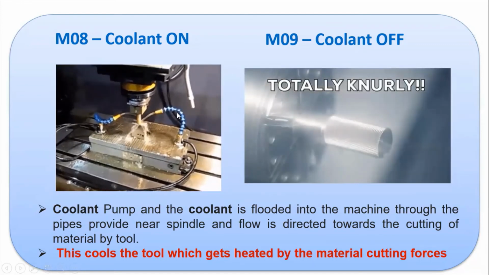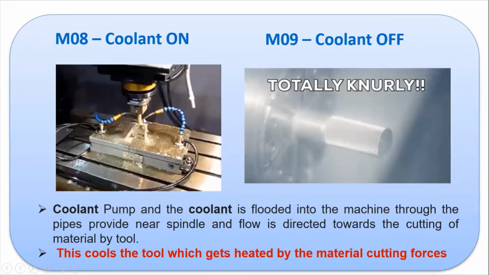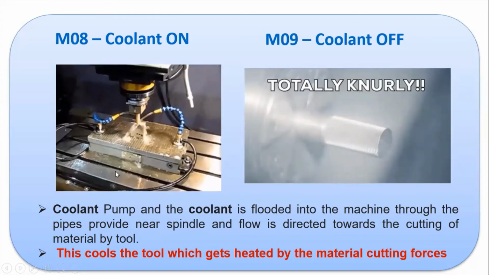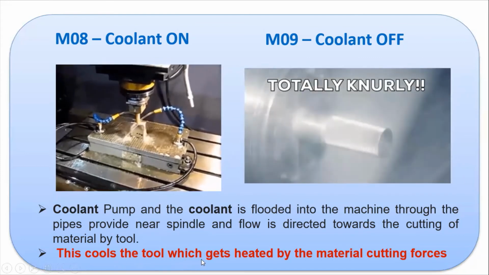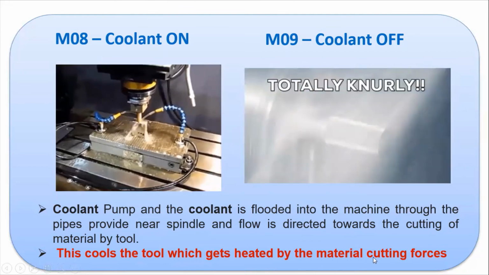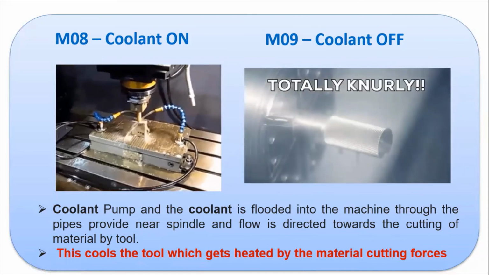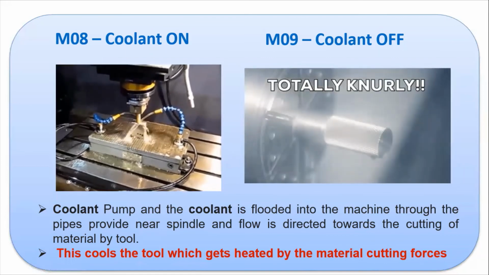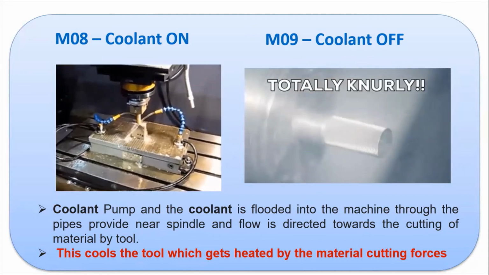And we are directing it towards the cutting of the material by the tool. But one more important advantage is that this cools the tool which gets heated by the material cutting force. So in that case, cooling is always required. If you use the command M08, the coolant will get on. And if you use the M09, then the coolant will get off.